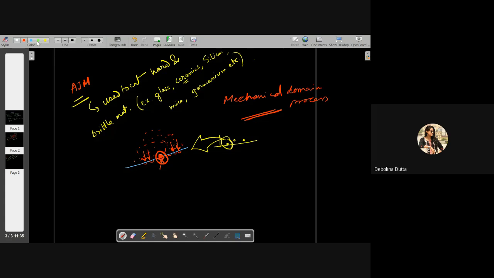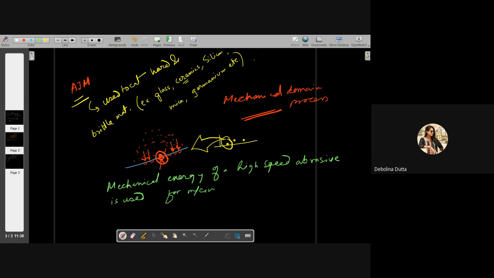Okay, these points are very important: the mechanical energy of a high speed abrasive is used for machining the material.